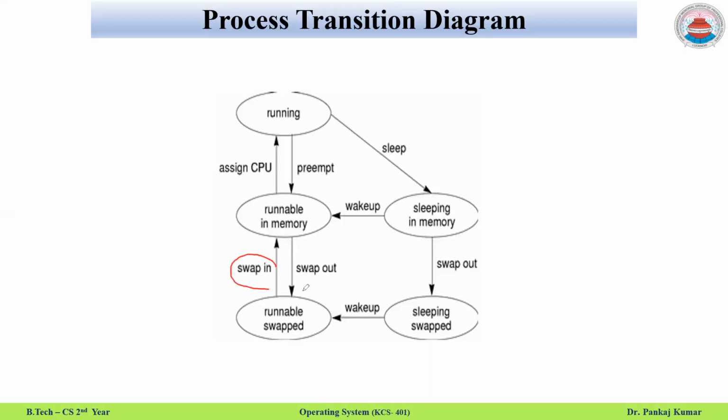So there is an activity called swap in and swap out. It means that if any new process needs to be stored in RAM and there is no space in RAM, what is the operating system to do?